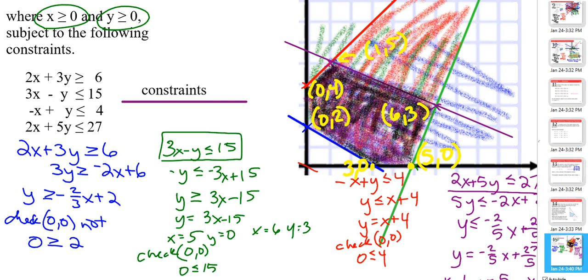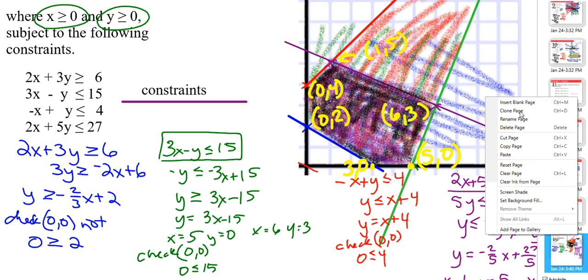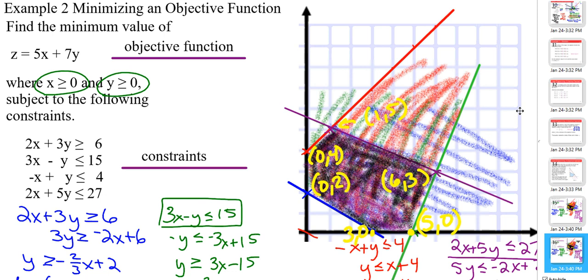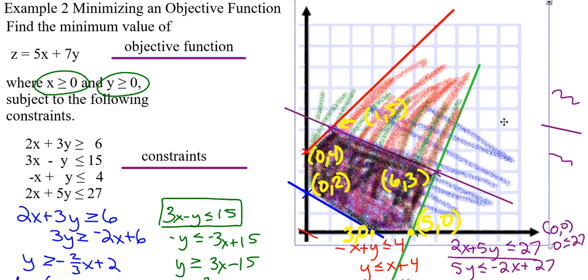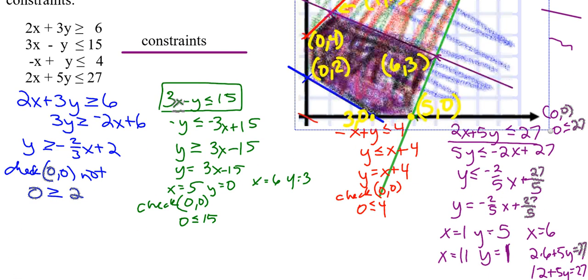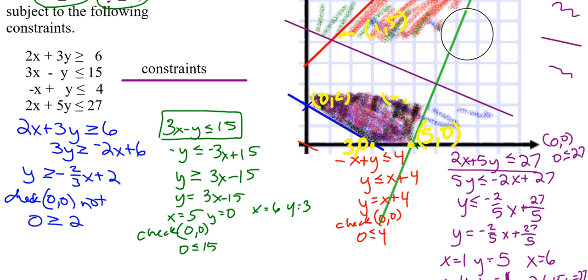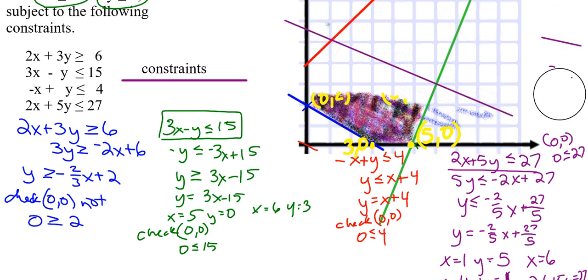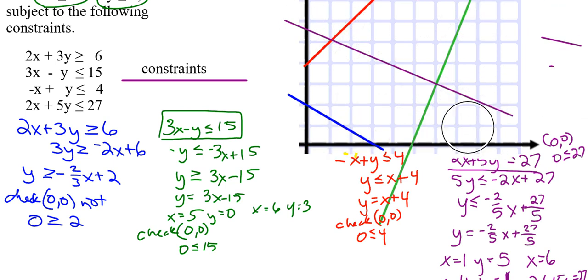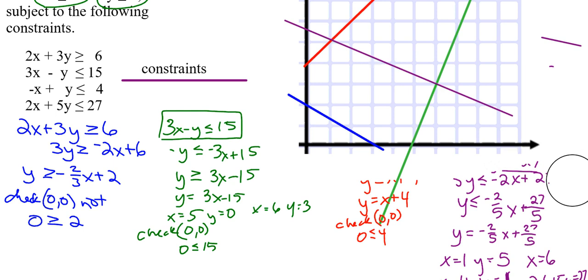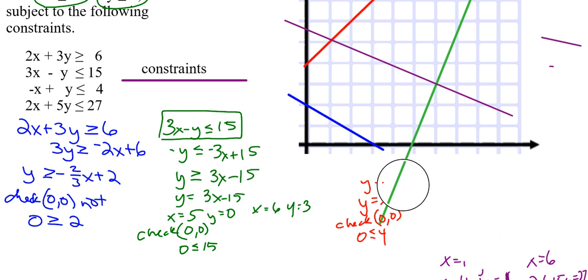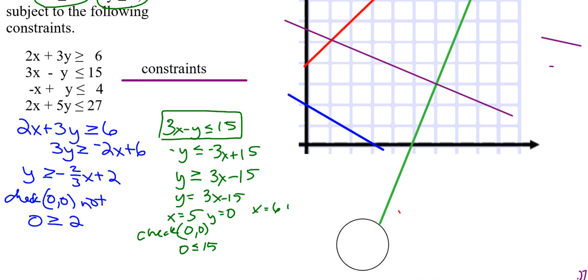I'm going to clone this page and then clean it up a little bit. If you want to look back, that's all going to be on there. But I can get rid of some of this as well. I'm going to erase all this because it helps my file not be as big, and all this is on the previous slide now that I cloned it.